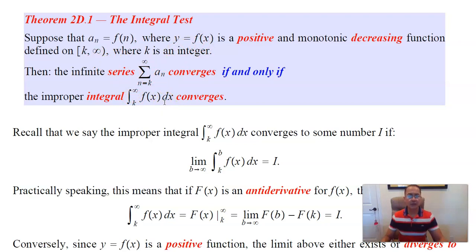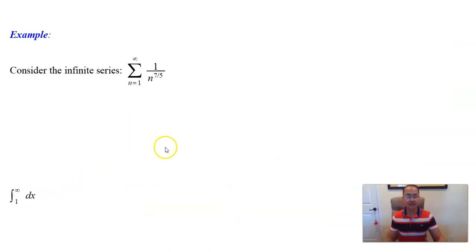So in order to decide whether or not this infinite series converges, we will look instead at the improper integral from k to infinity of the function f of x. So let's go back to our workroom. We're going to do an example, and then we're going to see why this integral test works. All right, here's our example.